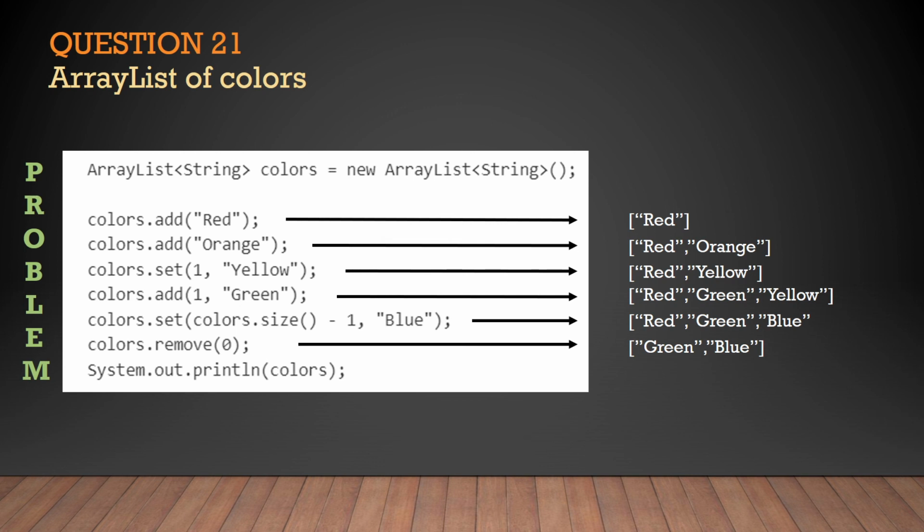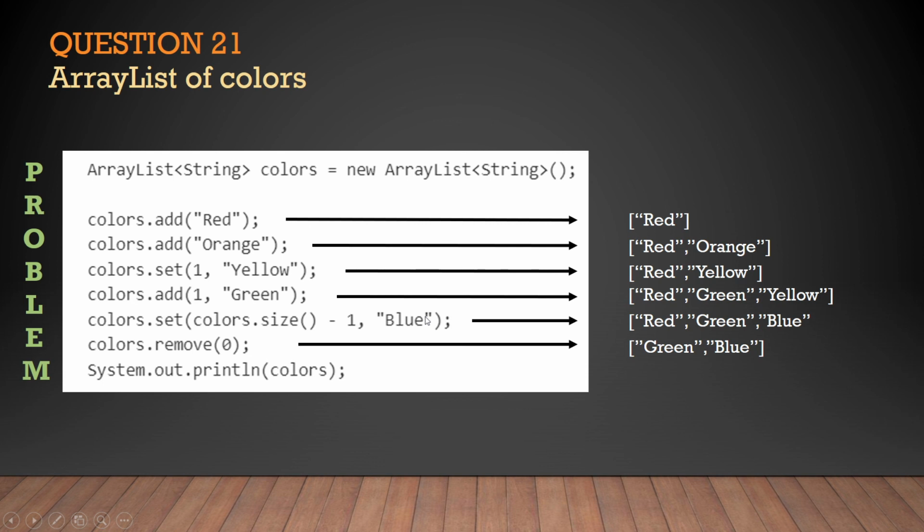So we have an empty list. We add red, so now we have red. We add orange, now we have red, orange. We set 1 to yellow. Now we've exchanged orange, now it's yellow at position 1. Add green, now we have red, yellow, green. And then we have set colors size minus 1, blue.